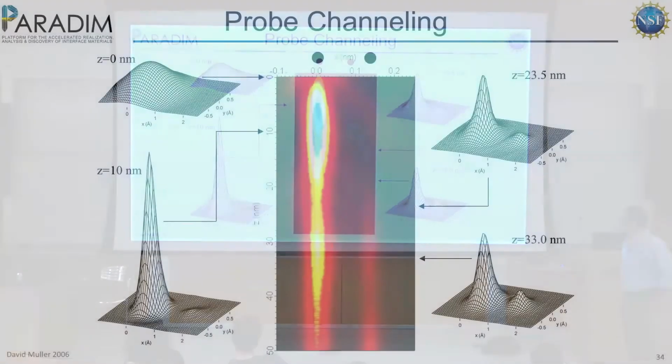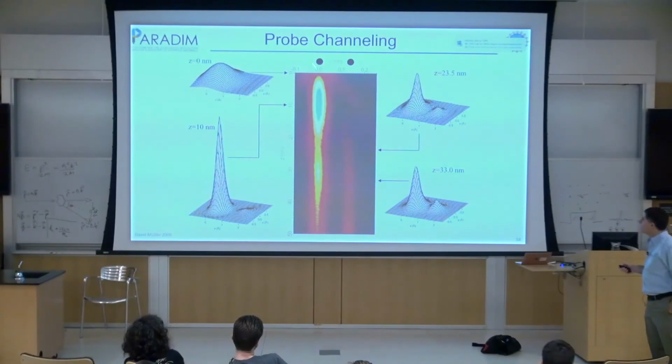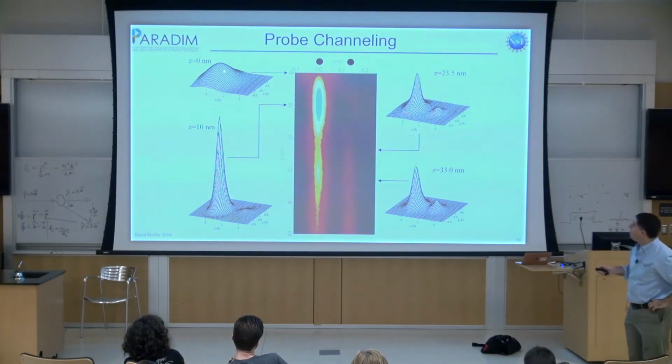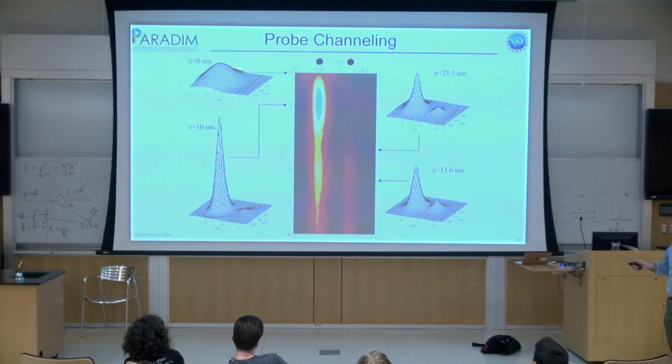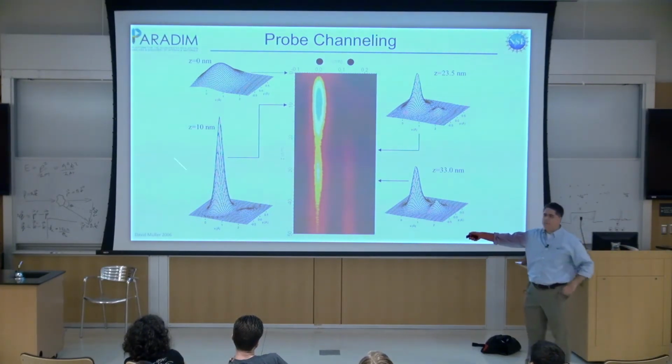Here's another example. Here is silicon. So it's 110 silicon, and there are 2 columns of silicon atoms marked out over here. I put an incident probe onto the silicon column over here, and very quickly the electron beam is sucked in and changes its shape.